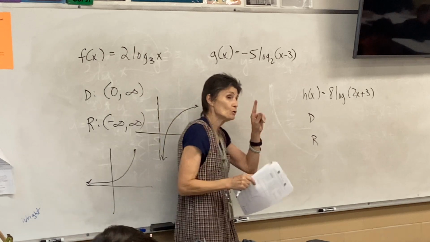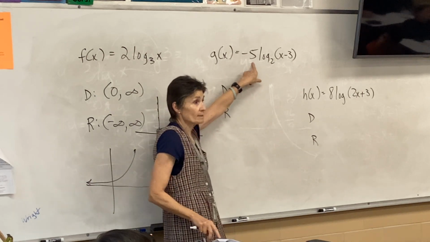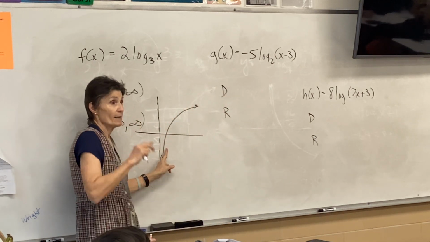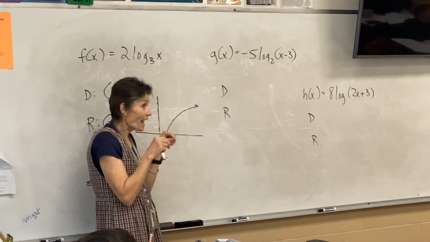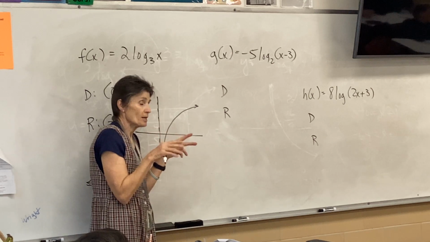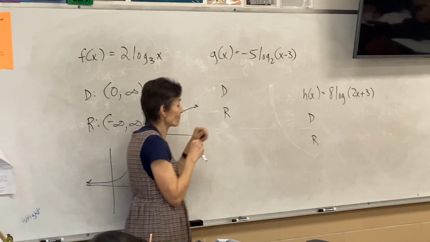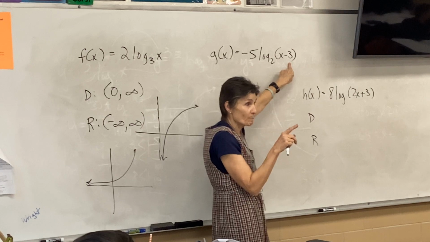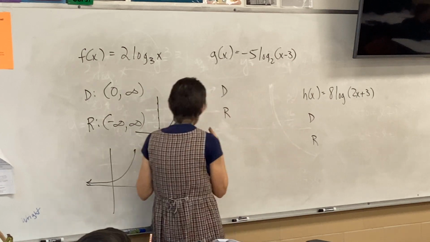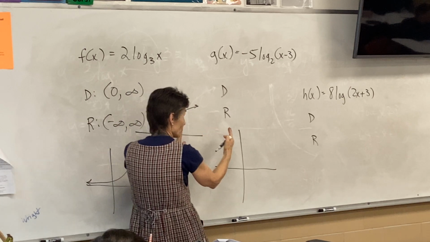You did 2 important adjustments. This one takes my picture and turns it upside down. Now, will that, in and of itself, change the domain and range? No. However, what does that do? Moves me to the right 3. So that means this picture is moving right 3.